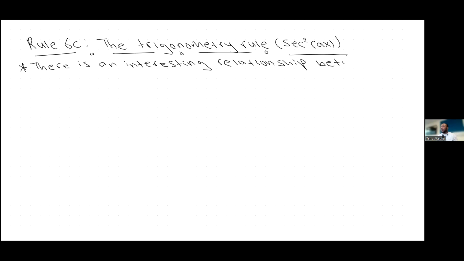between sine and cosine, and also between tan and sec squared.